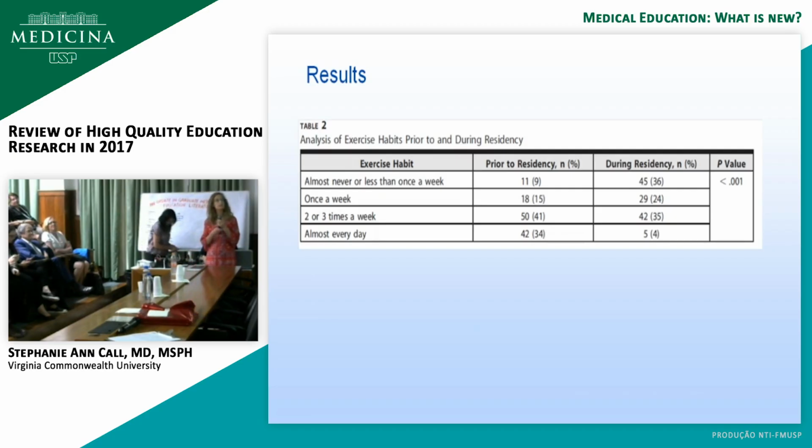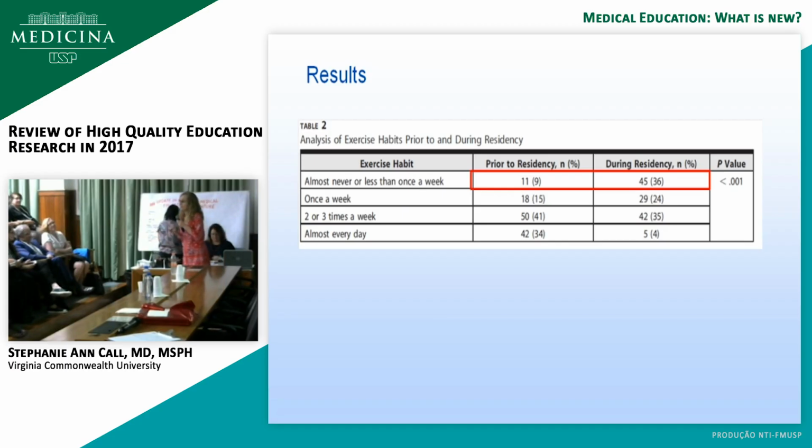And so their results, so if you look at this, the analysis of exercise habits prior to and during residency, and they defined exercise habit as almost never or less than once a week, 2 or 3 times a week, or almost every day. You can do your own self-assessment right now where you fall in there. I'm embarrassed about where I do right now, unless it includes walking through airports. You can see here that prior to residency, of the residents interviewed, 9% of them said that they almost never exercise, and then after residency, that was up to over a third of residents almost never exercise.